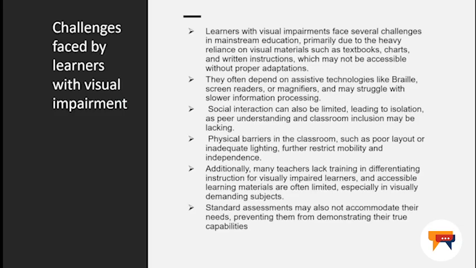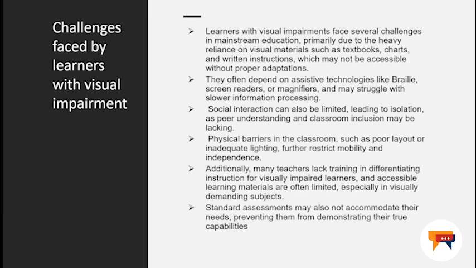And let's look at the challenges faced by these learners with visual impairment. We're saying learners with visual impairment face several challenges in mainstream education, primarily due to their heavy reliance on visual material such as textbooks, charts, and written instructions, which may not be accessible without proper adaptations.